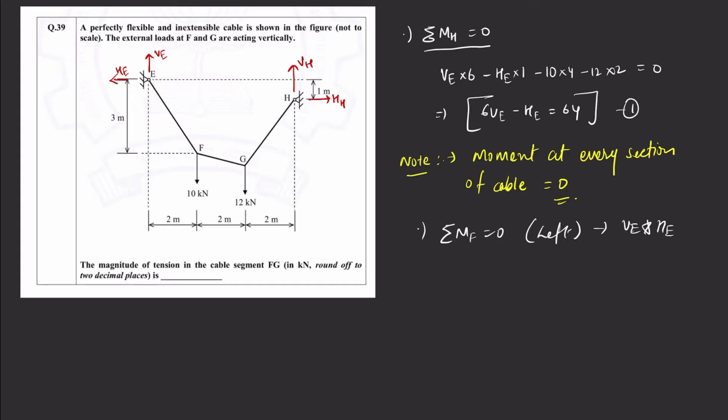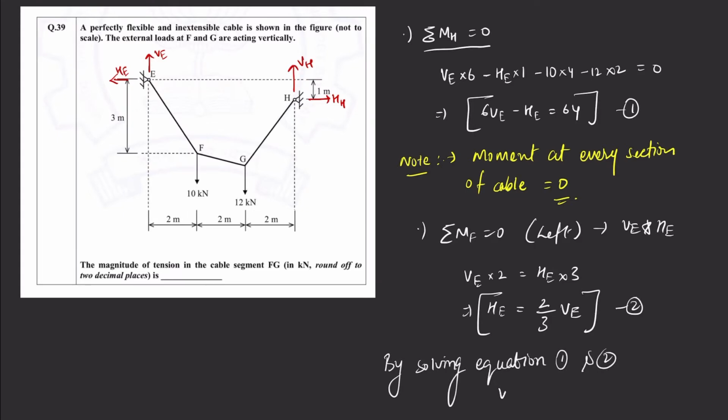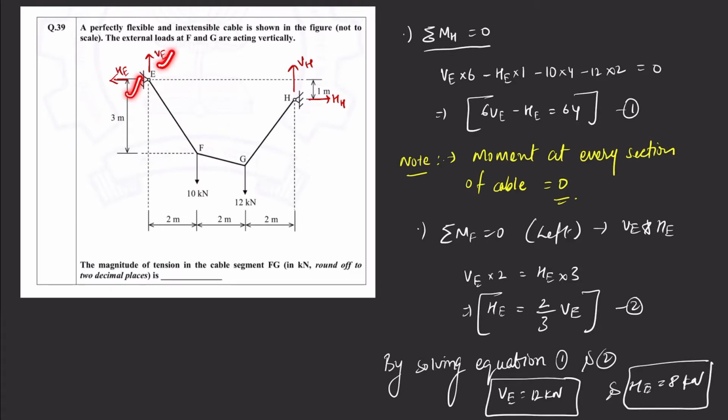This will give us VE into 2 equals HE into 3, and from here we get HE equals 2 by 3 times VE. Here comes the other equation. By solving equations 1 and 2, we get VE equals 12 kN and HE equals 8 kN. So we got our vertical and horizontal reactions at the supports.